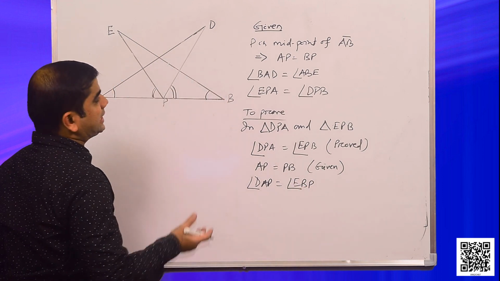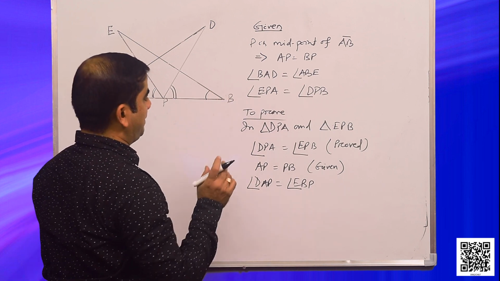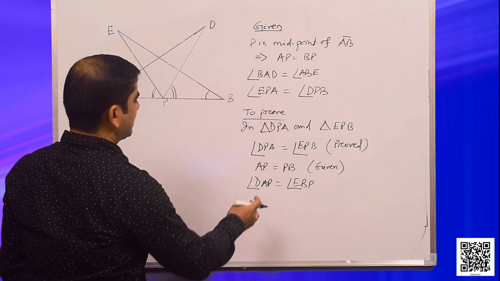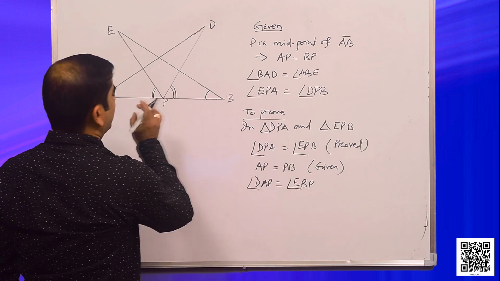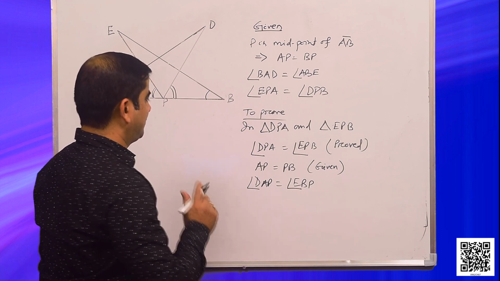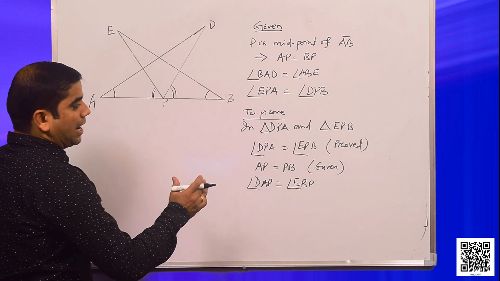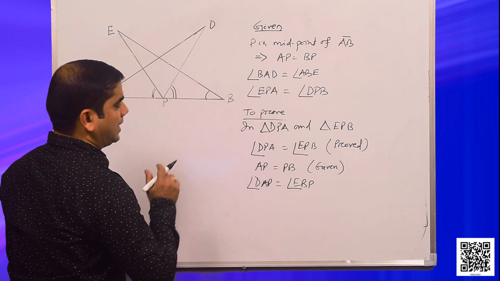Why? Because it is given that angle BAD is equal to angle ABE. That means angle DAP is equal to angle EBP because P lies on side AB. Fine. So, now we have two pairs of equal angles and a pair of equal sides.